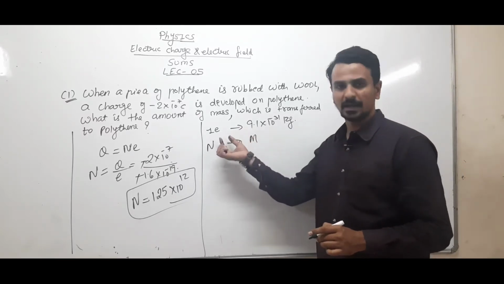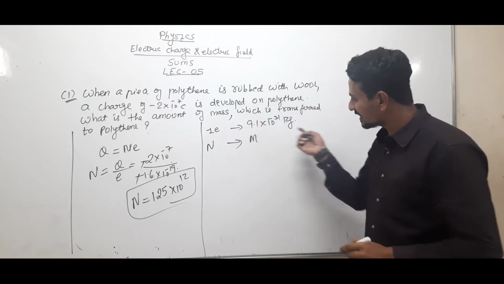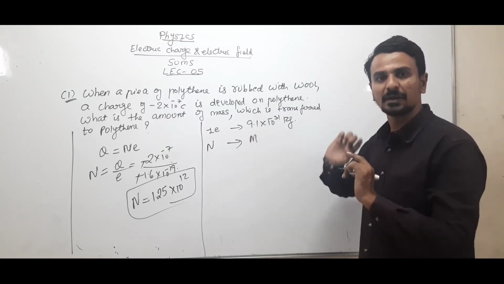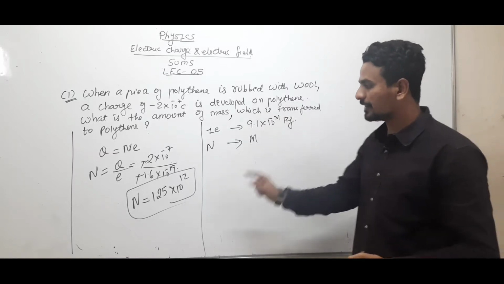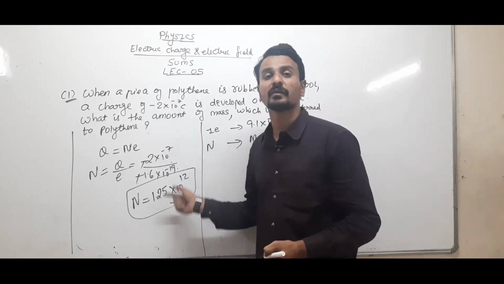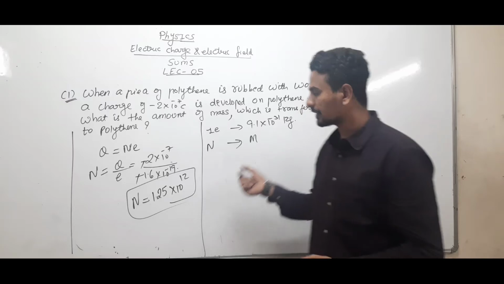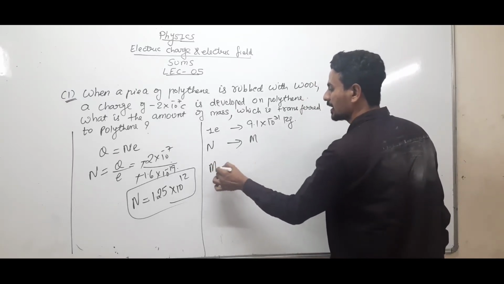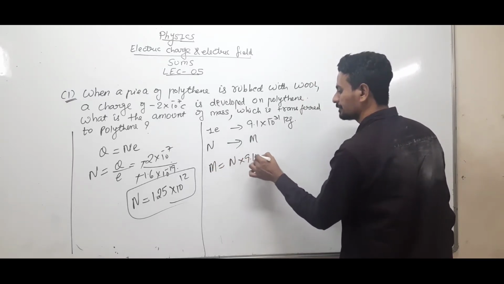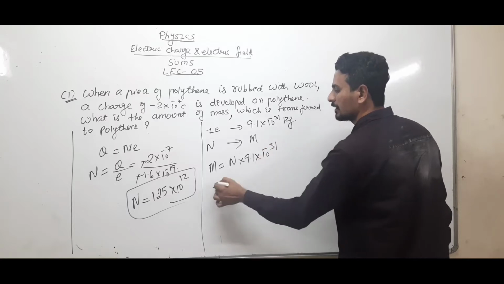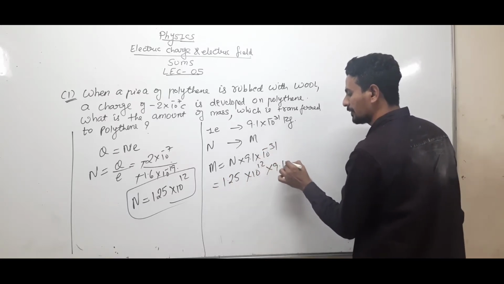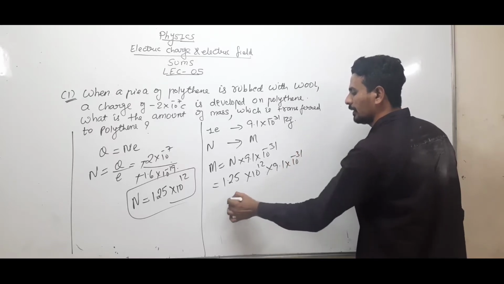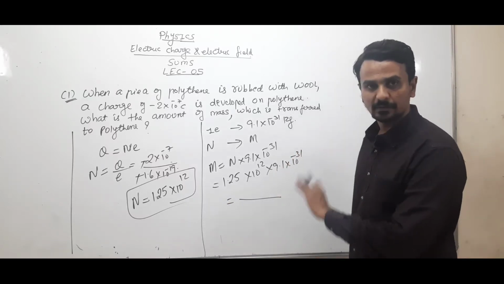See, when one electron gets transferred, this is the amount of mass which will also be transferred along with this electron. So total we have calculated this many electrons are being transferred. So the mass which will be transferred will be n times, clear? That is 1.25 into 10 raised to 12 times 9.1 into 10 raised to -31. Use your calculator and solve this.